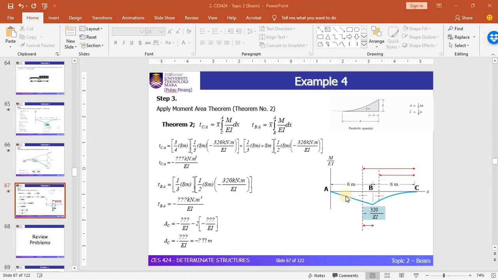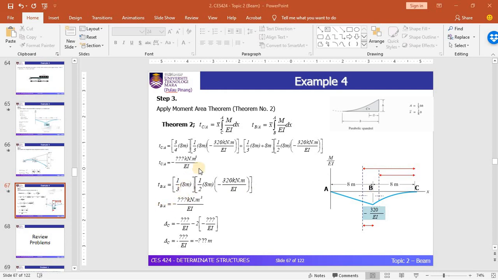For this triangle, the x bar can be obtained by looking at the distance between point B and the center of gravity of this triangle. So this is point B, this is the center of gravity of this triangle, meaning that this is the distance x bar. Then calculate the area of this triangle, which you can see in this bracket, and multiply it with the x bar, and you will get the value of tBA.